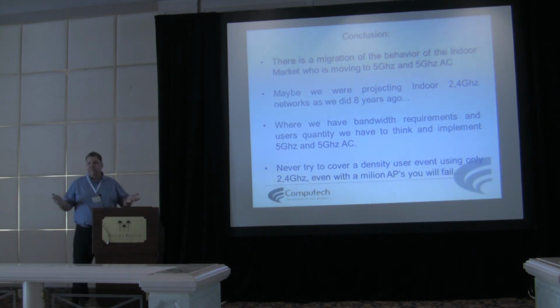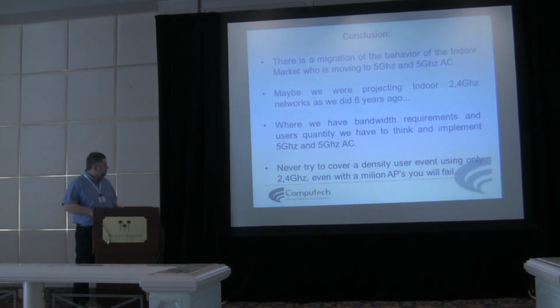Sometimes we have to project a temporary event for many people outdoors. So I need to think about and implement 5 gigahertz and 5 gigahertz AC in the network to deal with the traffic with more and more bandwidth.